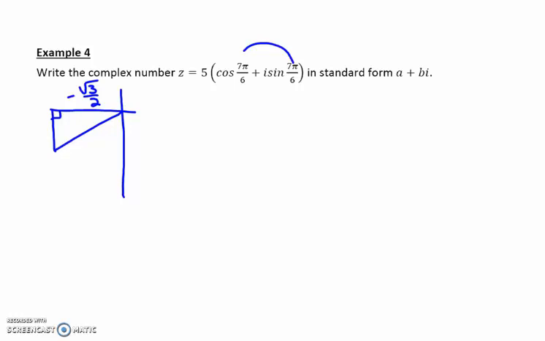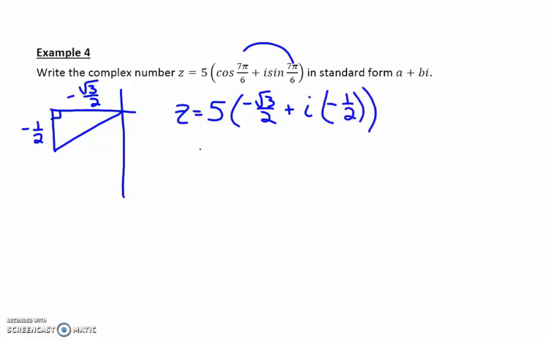And then I have -1/2, remembering from my unit circle there. All right, so then I am just going to replace those. So z equals 5 times negative square root of 3 over 2, and then plus i times -1/2.